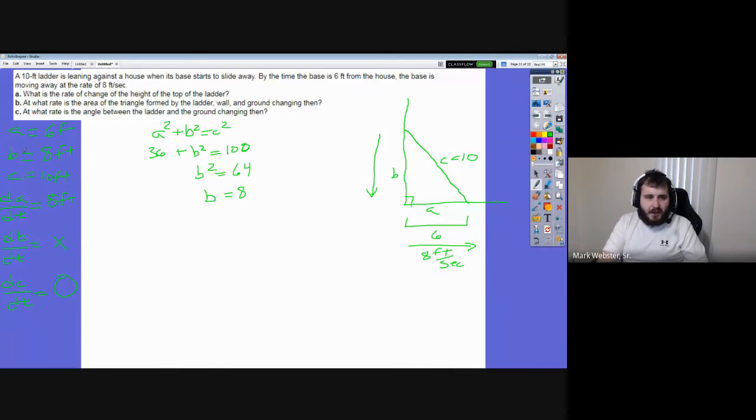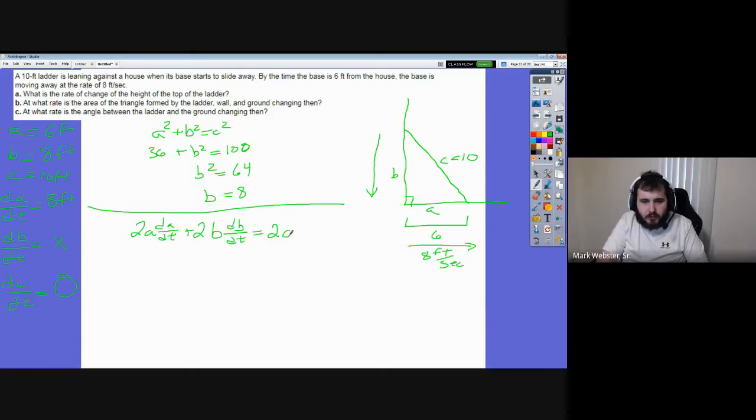So look, we've got dA dt, B, dB dt, C, dC dt. We've got everything we need. So let's do it. We're going to implicitly differentiate A squared plus B squared equals C squared. So we've got 2A dA dt plus 2B dB dt equals 2C dC dt.